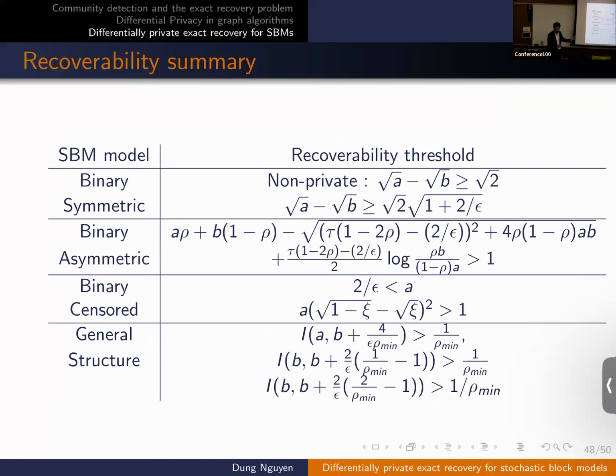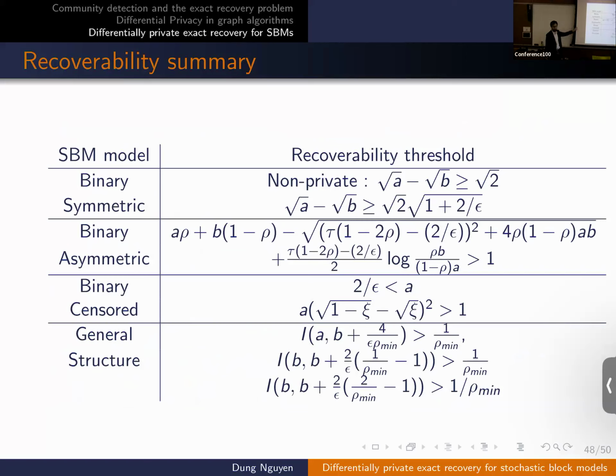I don't want to go over all of these details, but this is the result. This is how the recovery threshold looks for the other variants. Basically, it seems a bit messy, but this is the result.